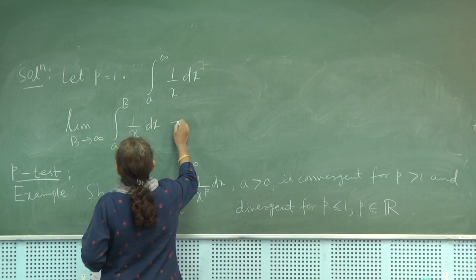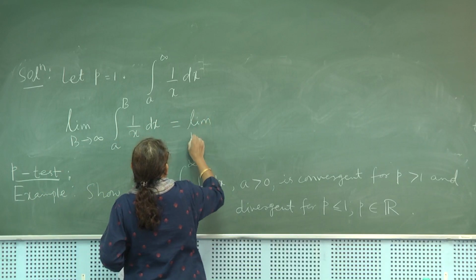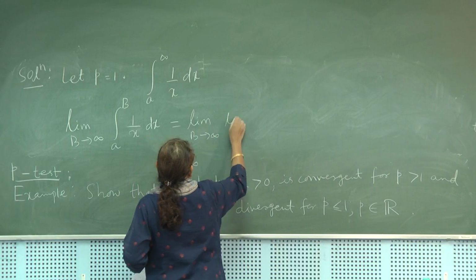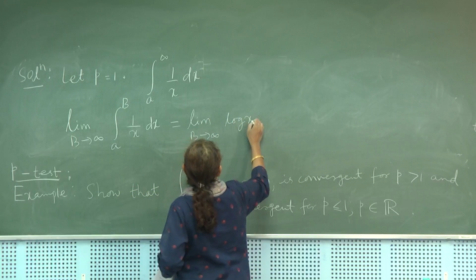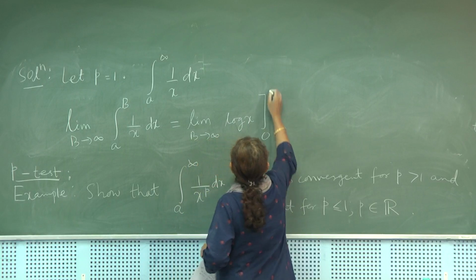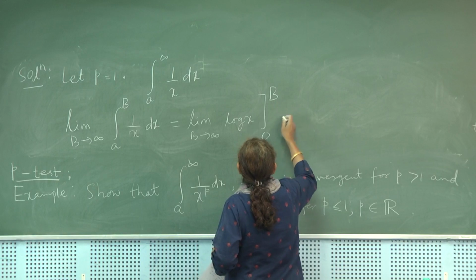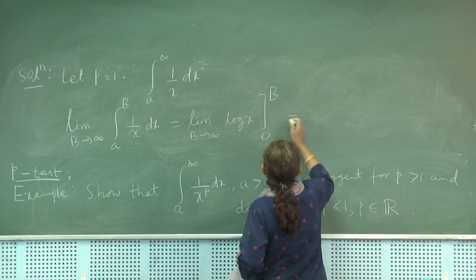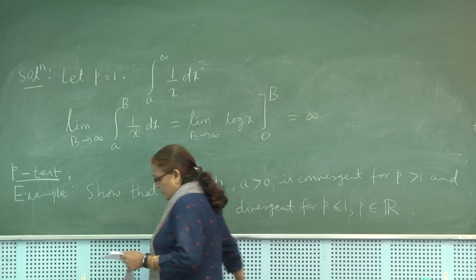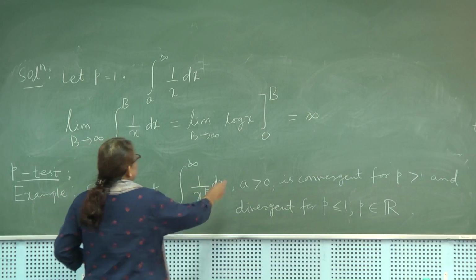You know that this value will be log x evaluated from a to b, after taking the limit as b goes to infinity.